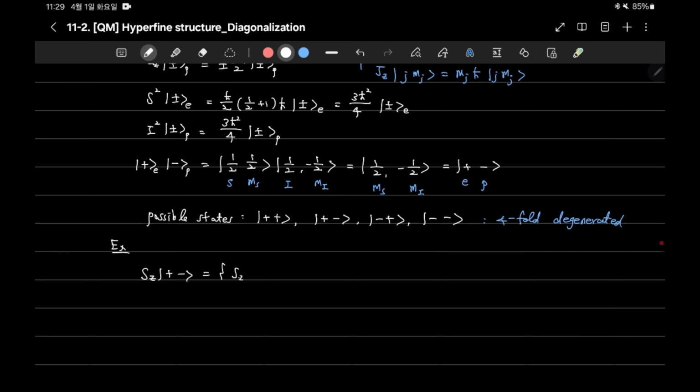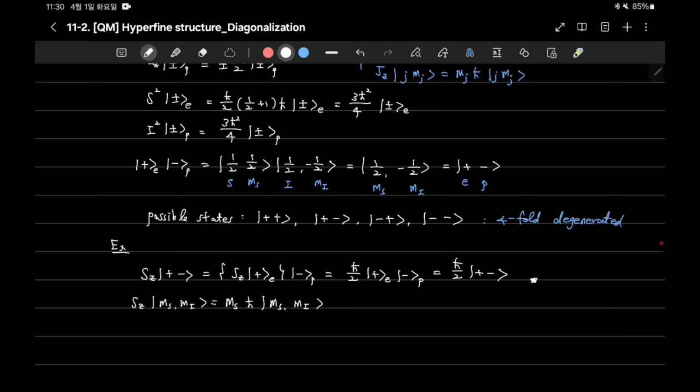Sz applied to the electron spin up and the proton down gives ms ħ times the state |ms, mi⟩.